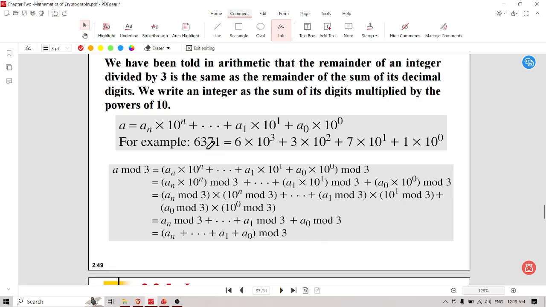For the mod 3, if we add 6, 3, 7, 1, and take mod 3, we will get the same. Now, this way, 6 and 3 and 7 would be 10, and 1, 11, 6, 17. So 17 mod 3 would be equal to a number, and instead of defining this, we will just say 17 mod 3.